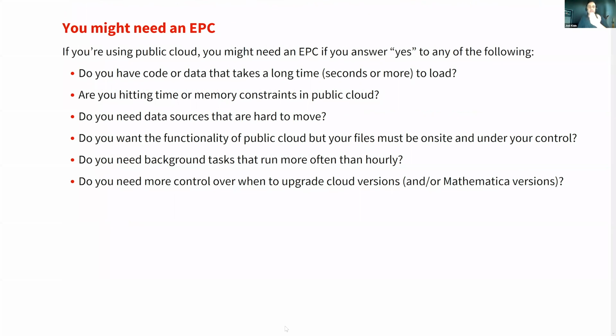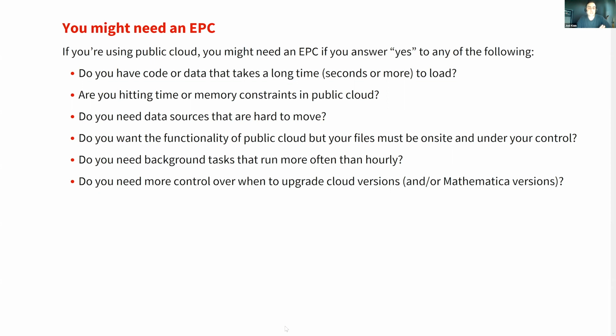So, some self-diagnosis questions. You might need an EPC if you answer yes to any of these questions. Do you have code or data that takes a long time to load? Are you hitting time or memory constraints in public cloud? Do you have data sources that you'd like to use, but you can't really move them somewhere closer to public cloud?